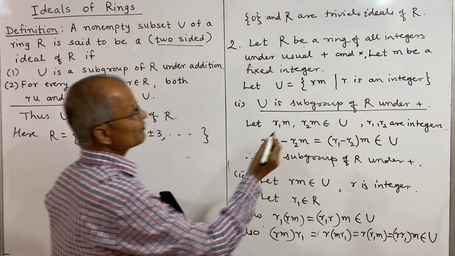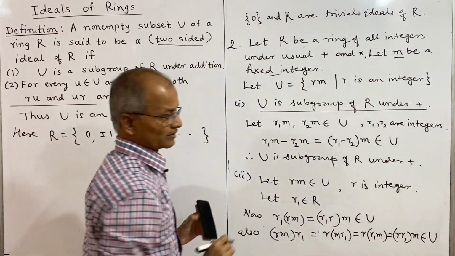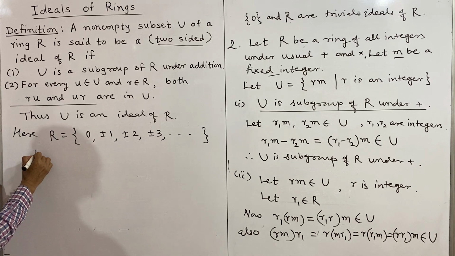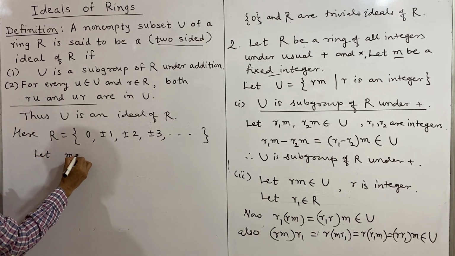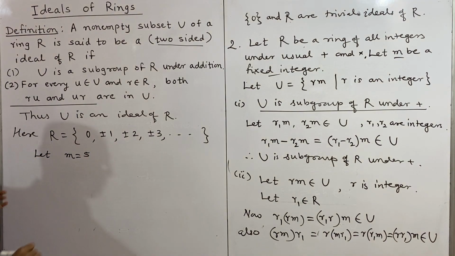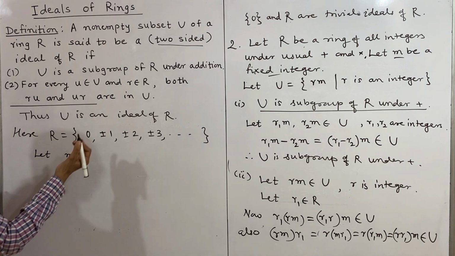I take M to be a fixed integer. Let us suppose M is any integer, positive, negative, etc. We shall suppose M is equal to 5, and then what will be U?